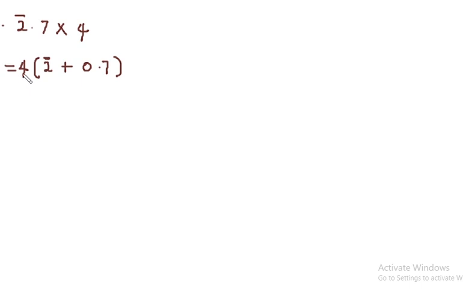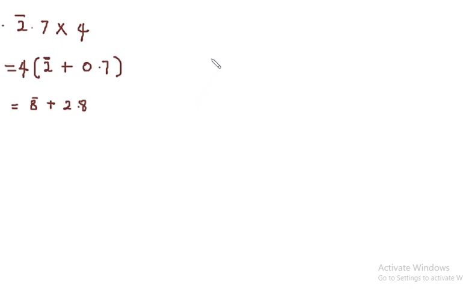So that you say 4 times the characteristic, which is 4 times 2 bar, is 8 bar, plus 4 times 0.7 is 2.8. So you end up adding these two separately.